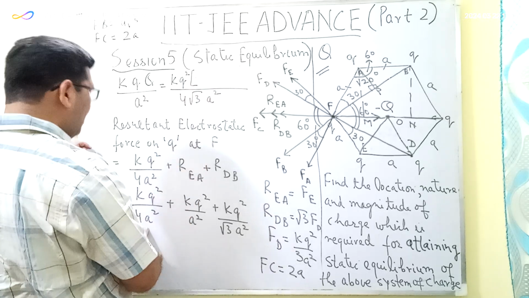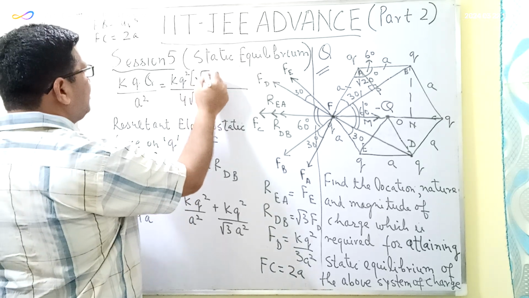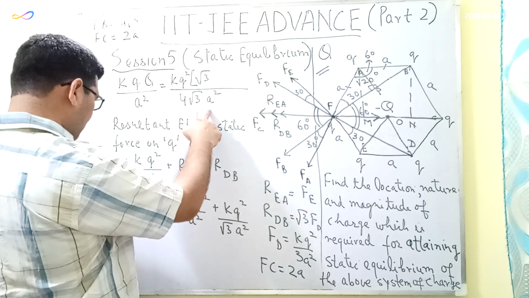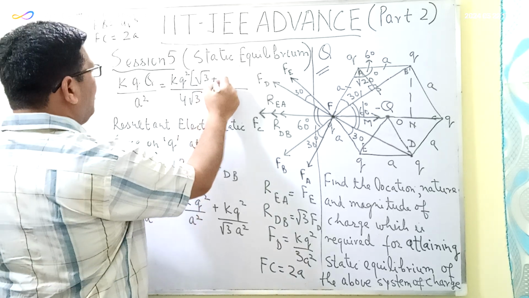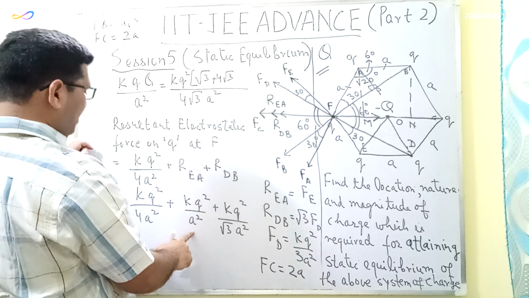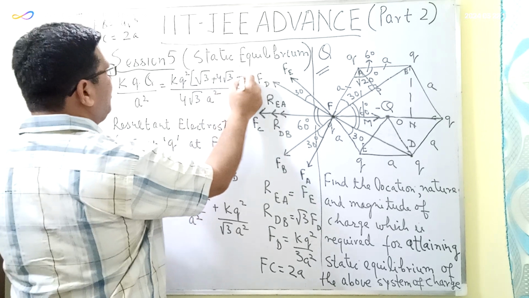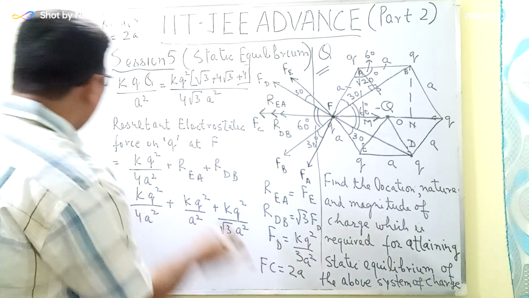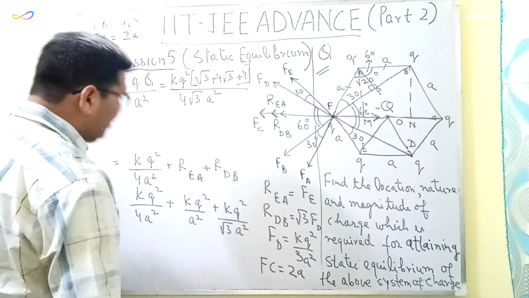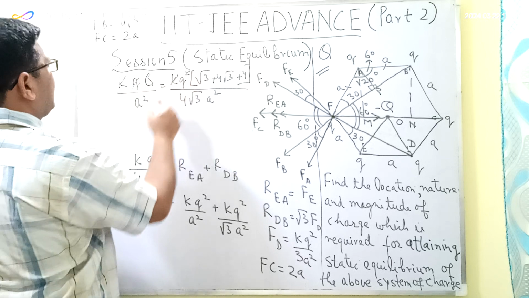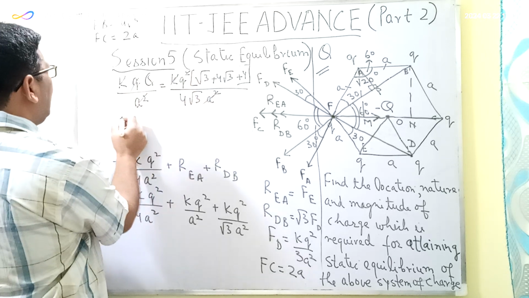So this will go to 4, this will go to root 3, plus A square, plus 4 root 3, and this will be root 3 A square, so this will go to plus 4. So from here K and K will get cancelled, Q and Q will also get cancelled, A square and A square will also get cancelled.